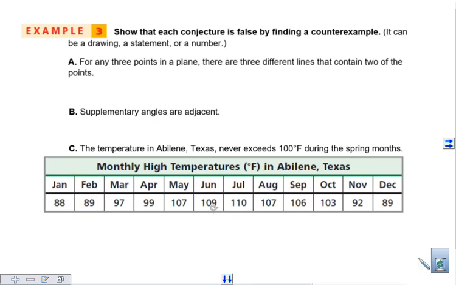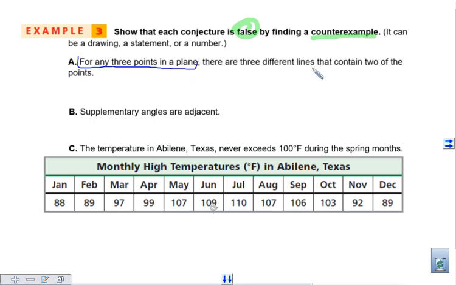Our next examples, we want to show that the conjecture is false, so it's already telling us that it's false, and find a counterexample. Our first one, for any 3 points in a plane. So this has to happen. We need 3 points on a plane.